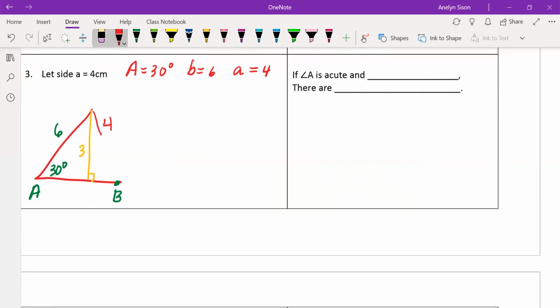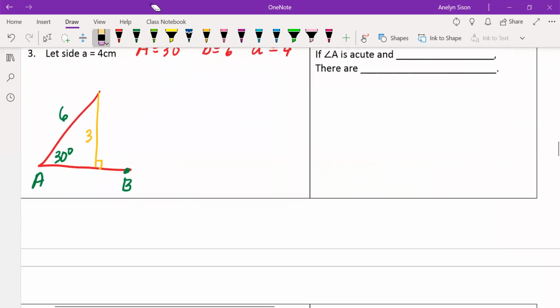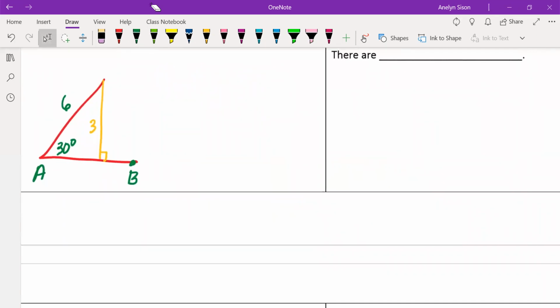Now let me ask you something. If a is 4, is a going to be bigger than the height? Yeah. So I can extend this line here. So 4 is greater than 3, isn't it?